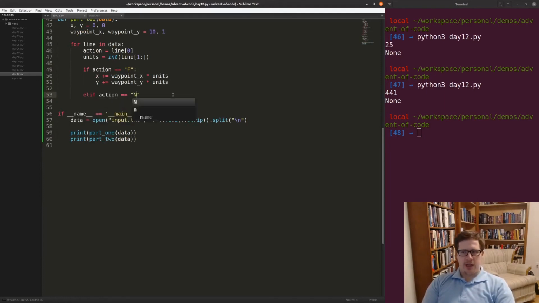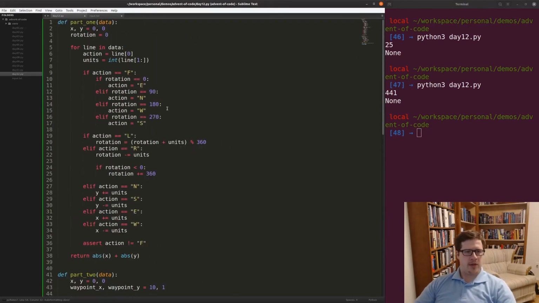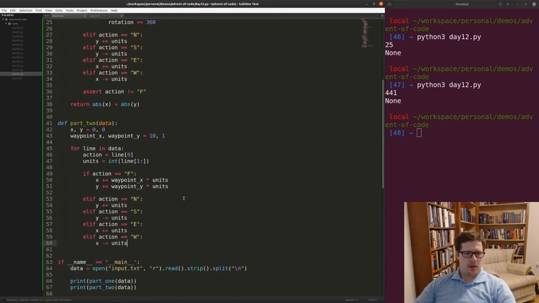So if our action is north, then the waypoint y plus equals units. Okay, so these are actually going to be mostly the same here, except that this is going to be waypoint y, waypoint y, waypoint x.